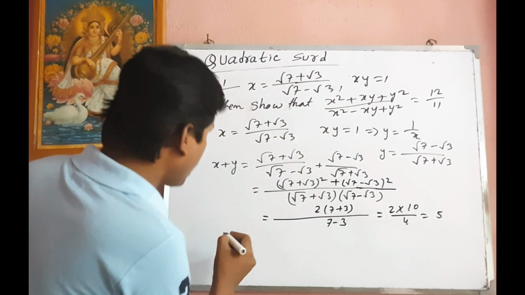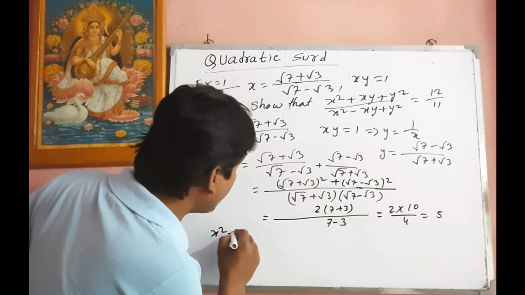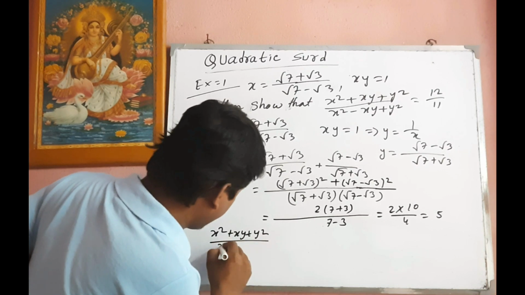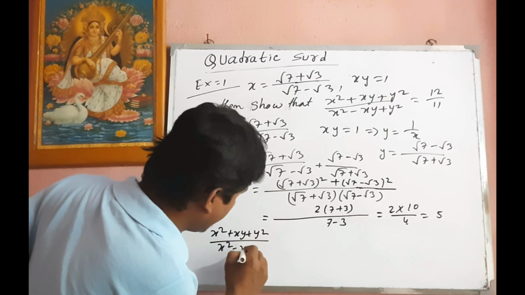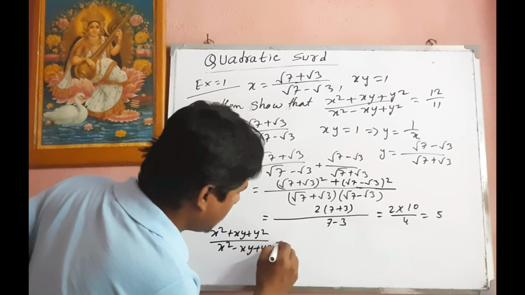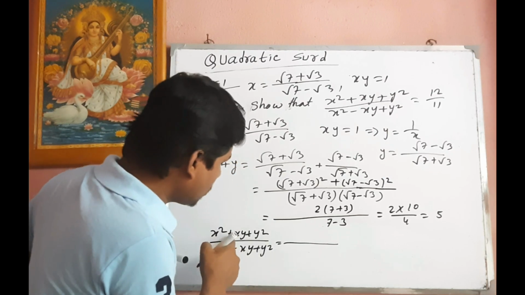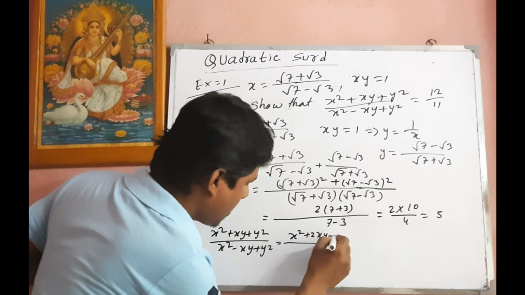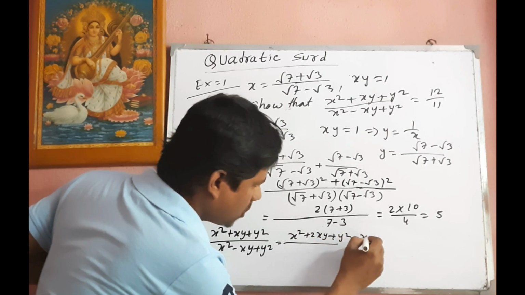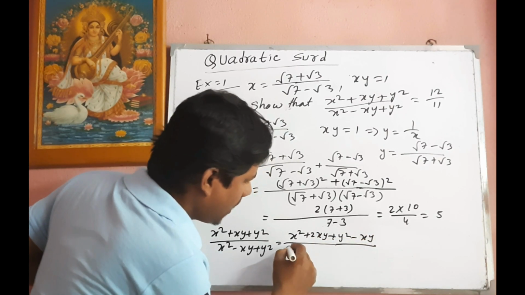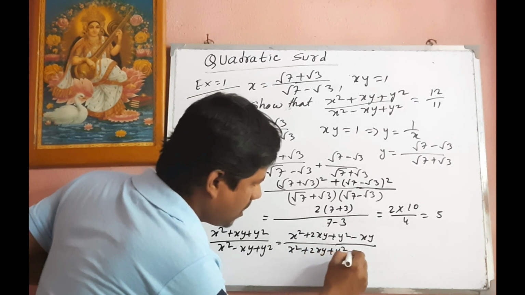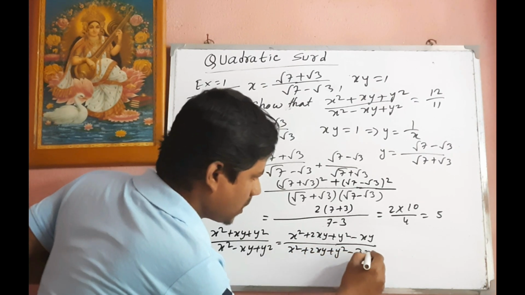Now we are finding x square plus xy plus y square divided by x square minus xy plus y square. Now we are adding 2xy, then we get x square plus 2xy plus y square minus xy, and x square plus 2xy plus y square minus 3xy.